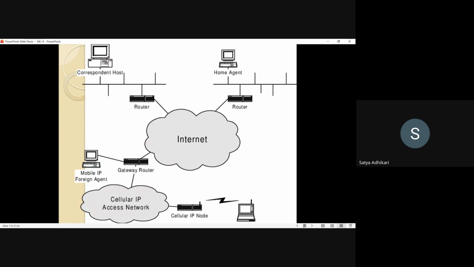They are connected to the internet, globally connected.